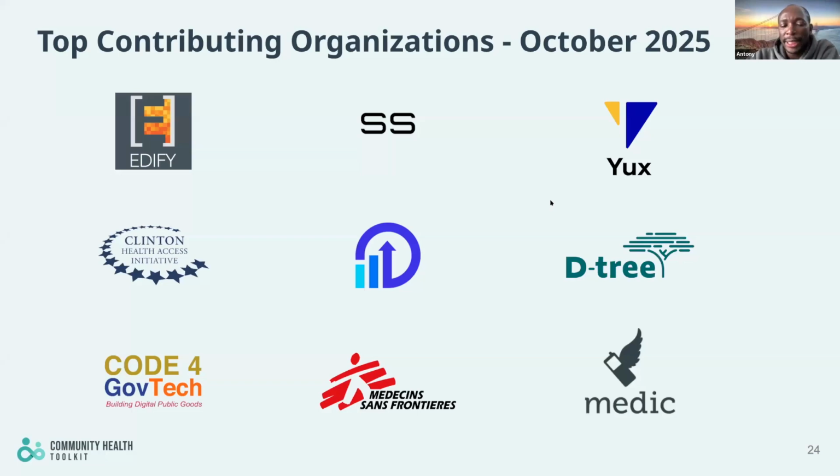We wanted to share an update on our contributors and collaborators and the top ones for last month. Here are the organizations that contributed a lot to the open source community. These included Edify, Solink, UX Design, Clinton Health Access Initiative, Datalytics Craft, D3, Code for GovTech Community, MSF Suisse, and Medic.